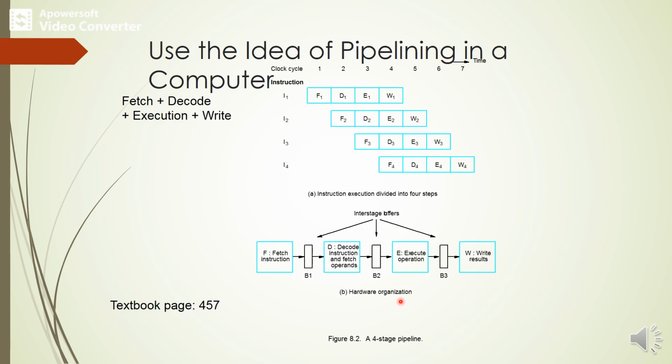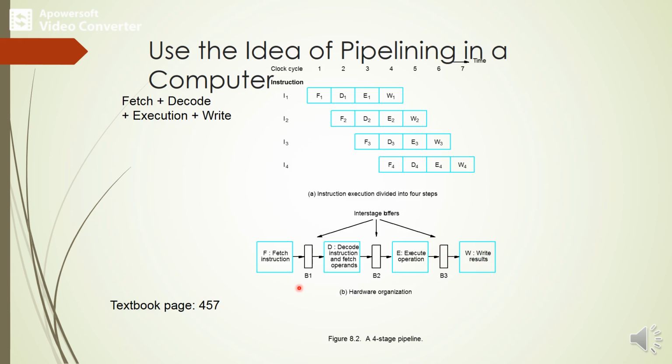Information is passed from one unit to the next unit through a storage buffer. Between fetch instruction and decode instruction there is one storage buffer, B1. Between decode and execution, the inter-stage buffer B2 is located. Similarly, between the execution phase and the write phase, there is one buffer, that is B3.